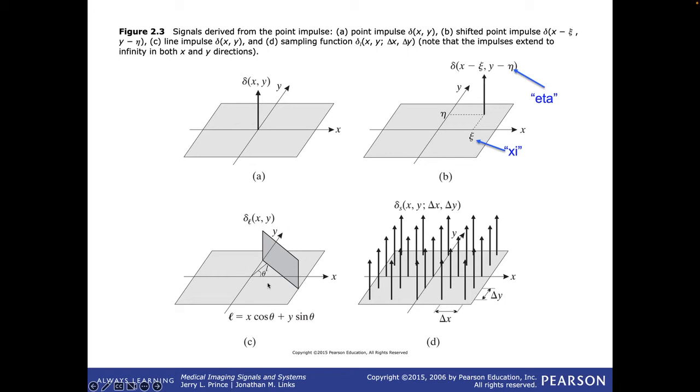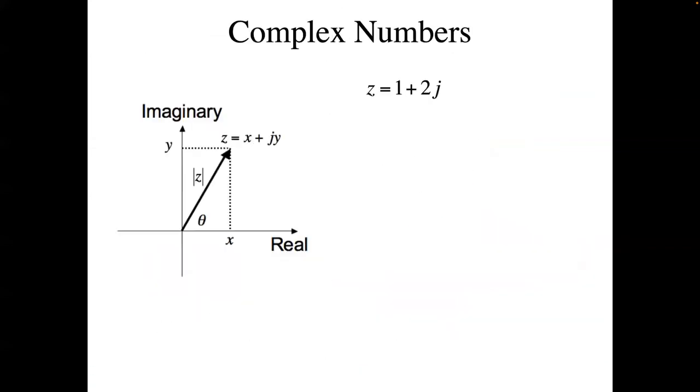This is a very important form of the delta function for computed tomography, where you sift out all of the values of a function along a specific line in the plane. And this is called a sampling comb, where we have many delta functions existing together at regularly spaced intervals on the plane. These will be used to sift out discrete values of our function at specific points. That's called a sampling function.